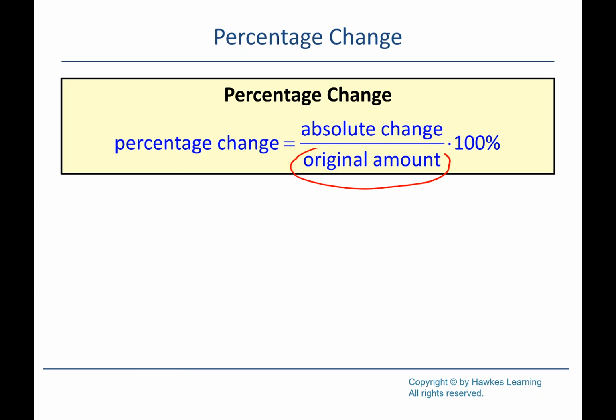So the fact that we're dividing by the original amount, not the amount after the change. Okay. That's important. And then the formula says we multiply by 100%. Okay, that's all we're doing is we're changing the decimal we get to a percentage. Okay. To me, that's always a little confusing when they have times 100% in the formula.